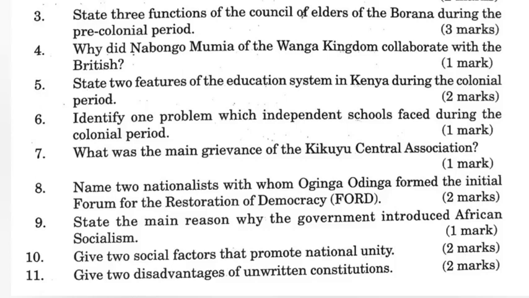FORD: Masinde Muliro, Martin Shikuku, Philip Gachoka, George Nthenge, Ahmed Salim Bamahriz. Number 9. State the main reason why the government introduced African socialism: to promote all-round equality and opportunities in the society.